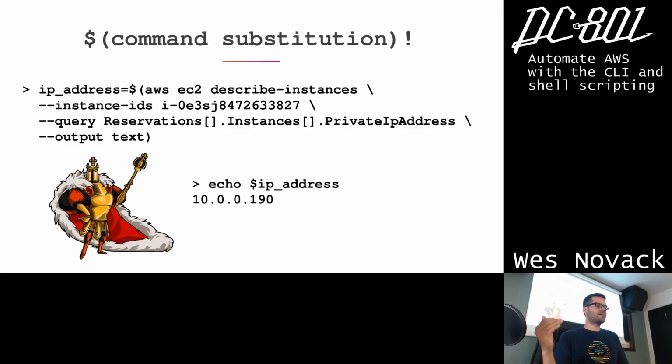I'm using query to only pull out the private IP address for this particular instance. I'm outputting as text. Whatever was returned from that command gets assigned to that IP_address variable, and if I later echo out that IP_address variable, you can see I just get that single piece of IP address data that I wanted. So if you're doing scripting and you want to use that later, that's very useful.